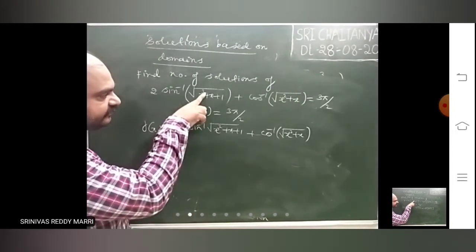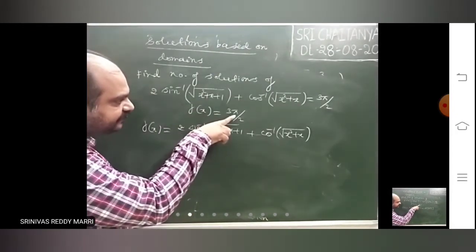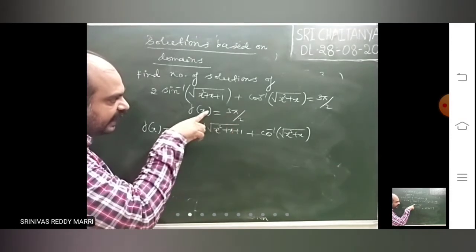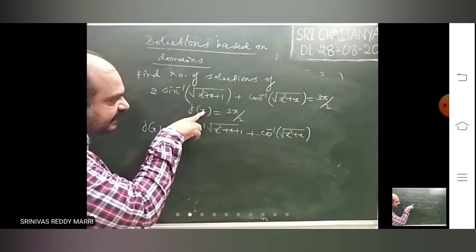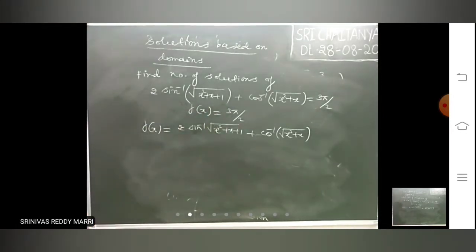That means this equation has become f of x equal to 3 pi by 2. You have to find the values of x for which, if you substitute a value here, you get 3 pi by 2.